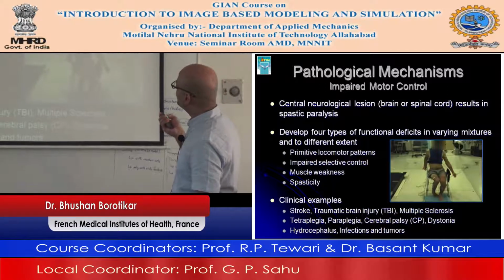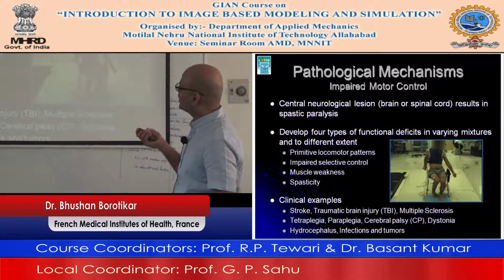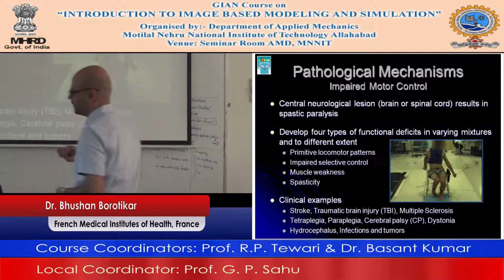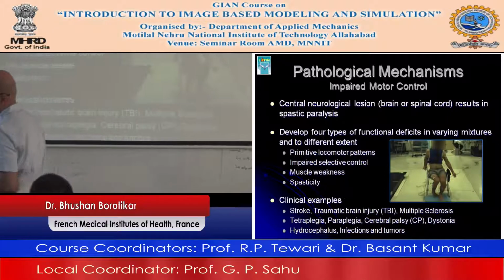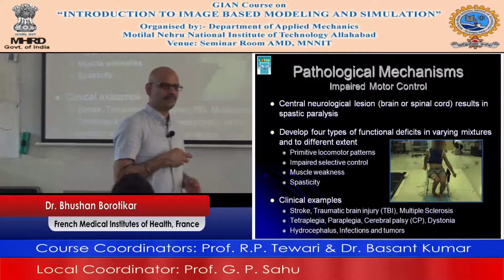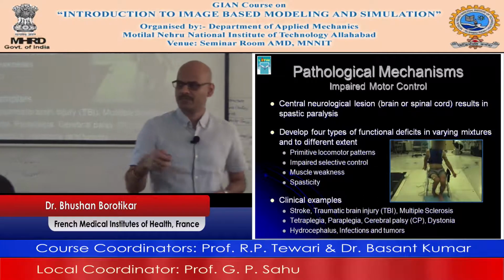Then impaired motor control. A central neurological lesion, a damage to your neurological system, can lead to impaired motor control. What are examples of diseases that come under this category?